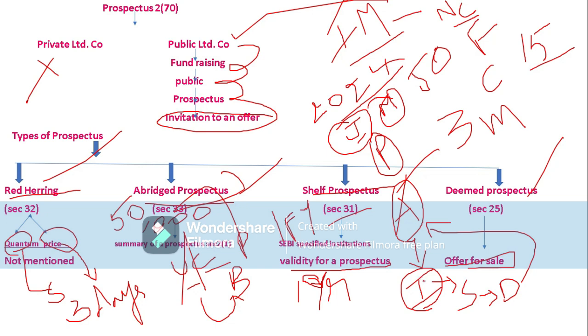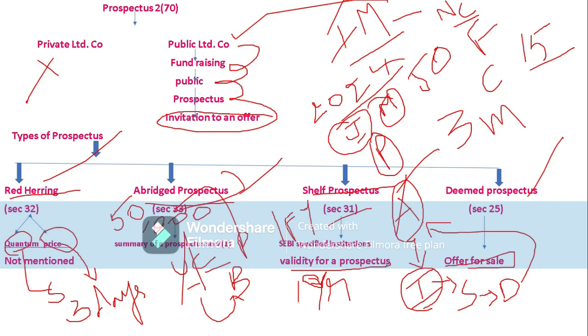The director will also be liable for the offer for sale. So deemed prospectus means any document through which an offer for sale is made to the public shall be deemed a prospectus. This is about the deemed prospectus.